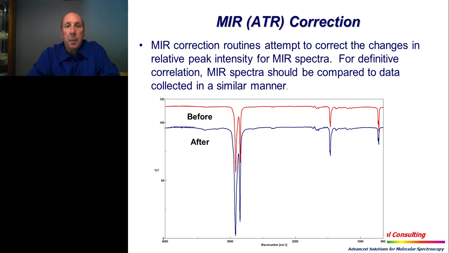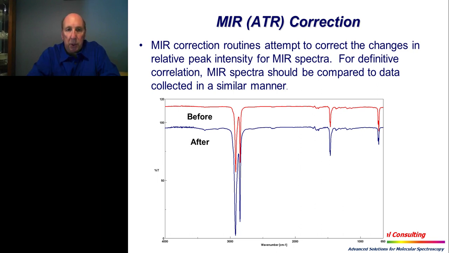So this is important because if we're trying to compare an ATR spectrum to a transmission library, we will often get incorrect values for the hit quality index, or HQI, that we're looking for when we're doing a library search.